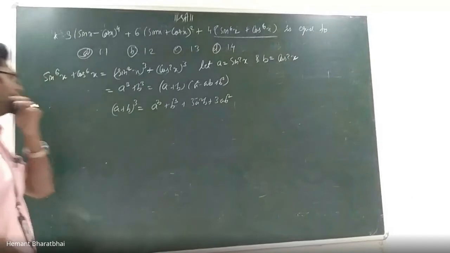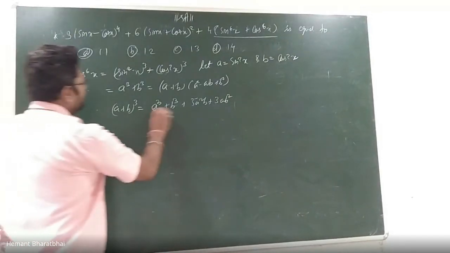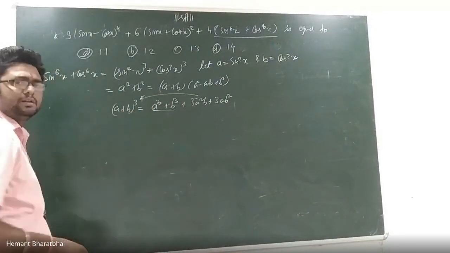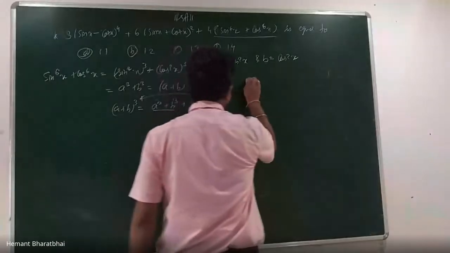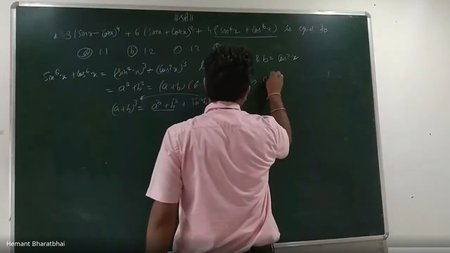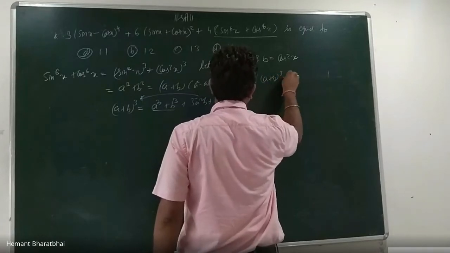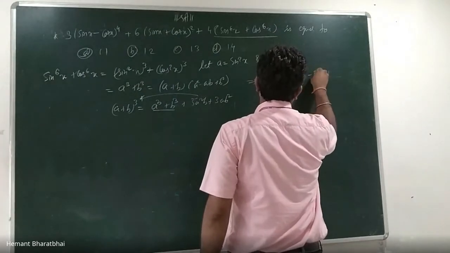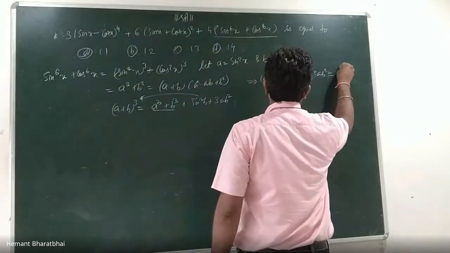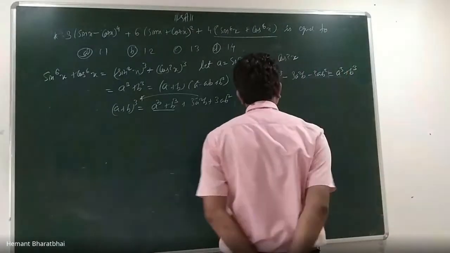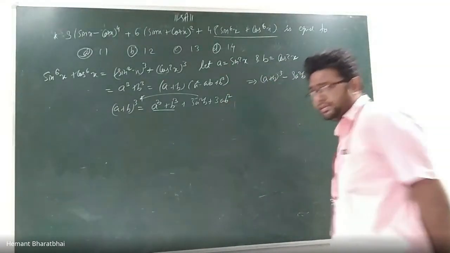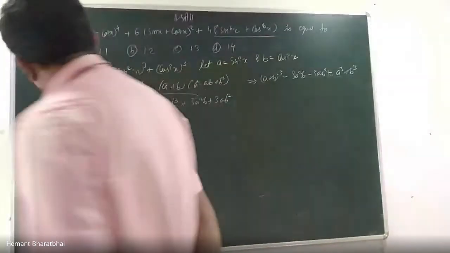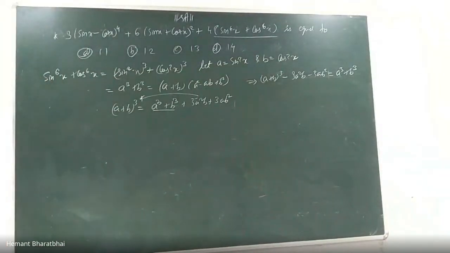This is the formula. So from here also I get A cube plus B cube. If I take these terms over here, I will get A plus B the whole cube minus 3A square B minus 3AB square is equal to A cube plus B cube. So either of these we are going to use, the one which is going to give us a much proper answer, that we will use.